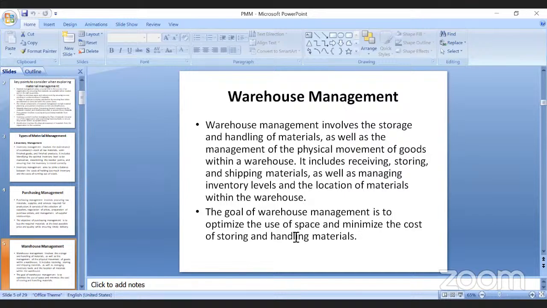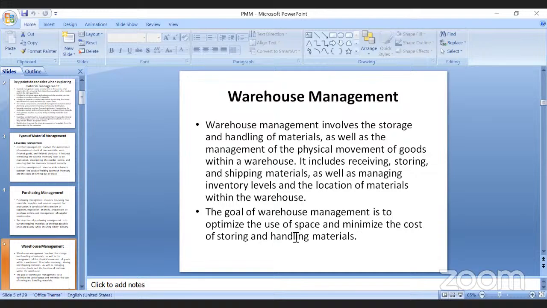What is warehouse management? Everybody knows what it is. Warehouse means where materials are stored, that is the storage place, storing in proper places and proper stacking. That is called a storage house, warehouse.